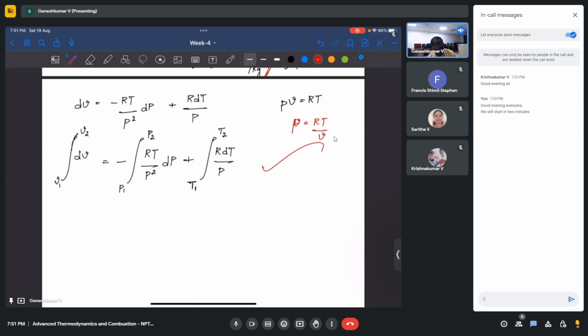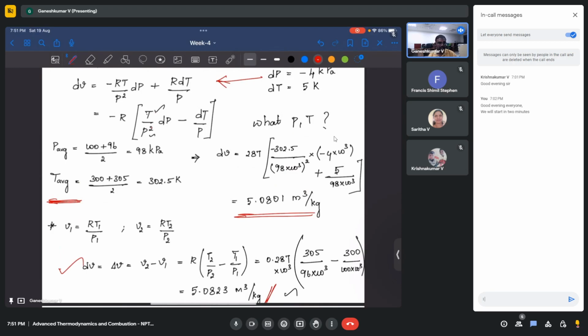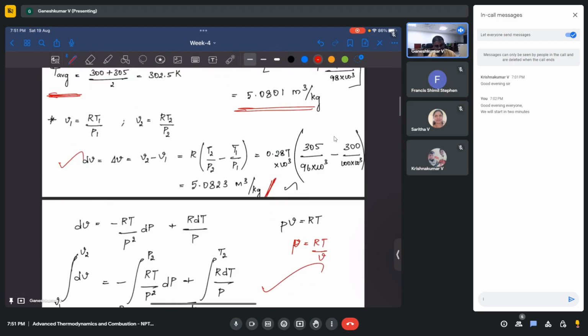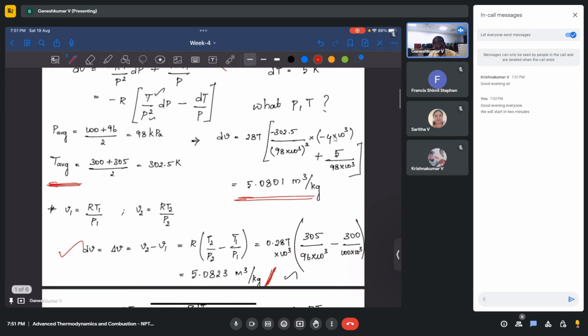Then you substitute it here, and if you perform this integral, since it's a smooth function, PV is equal to RT, you will be able to get this result. So please try this when you have free time. That is the important thing I want to show you.